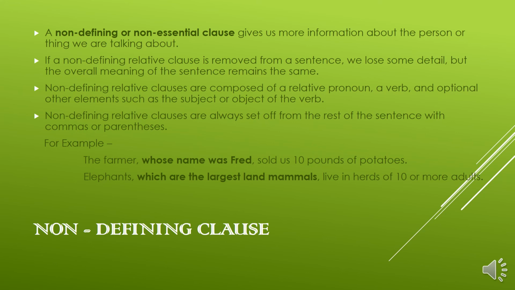So this is the way that it could change a little. Non-defining relative clauses are always set off from the rest of the sentence with commas or parentheses, which is unlike the defining clause, right?